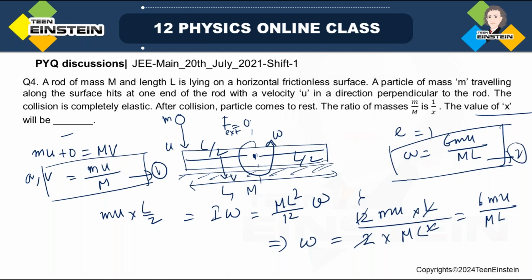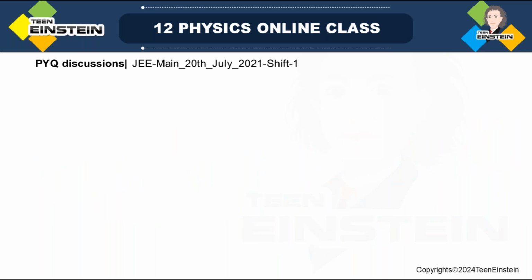Now, when you consider the conservation of momentum, now I'll go for this coefficient of restitution. So relative velocity of separation divided by relative velocity of approach. Relative velocity of separation is how much?